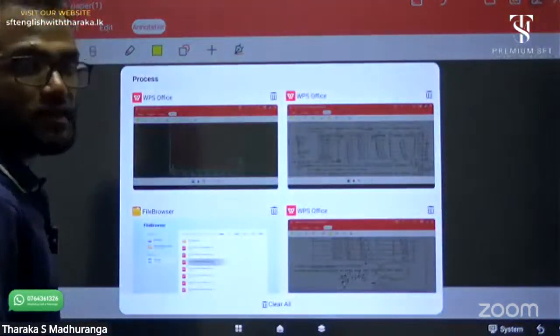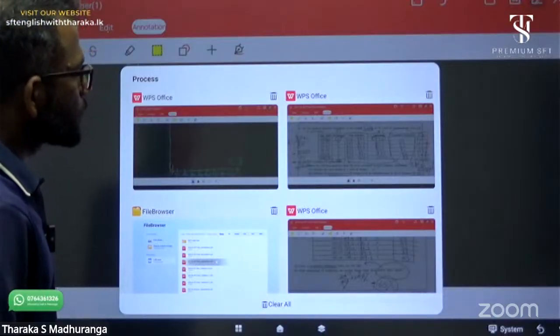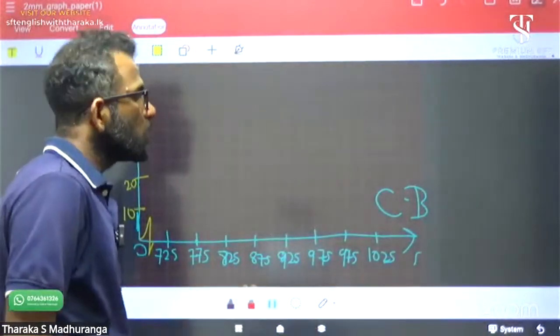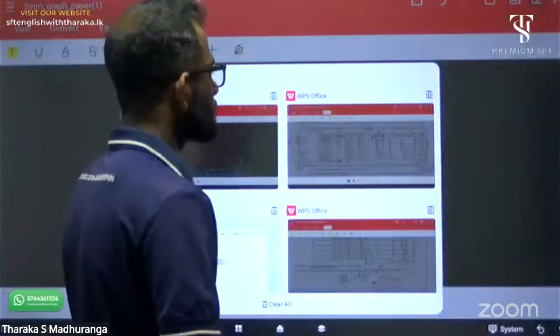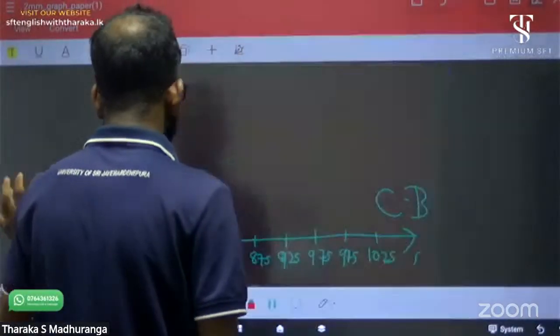Now, it is cumulative frequency. Cumulative frequency means less than cumulative frequency. For less than cumulative frequency, you need to mark on the upper boundary. Okay, the cumulative frequencies are 10, 40, 60, 71.